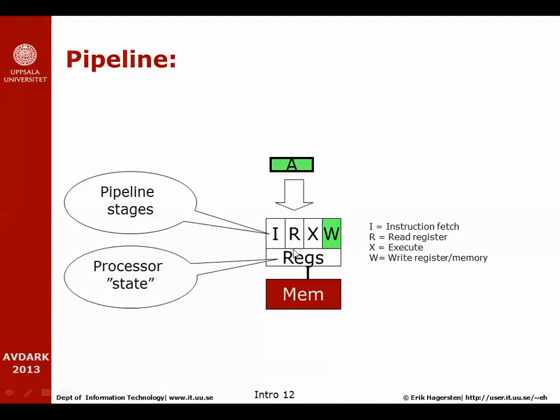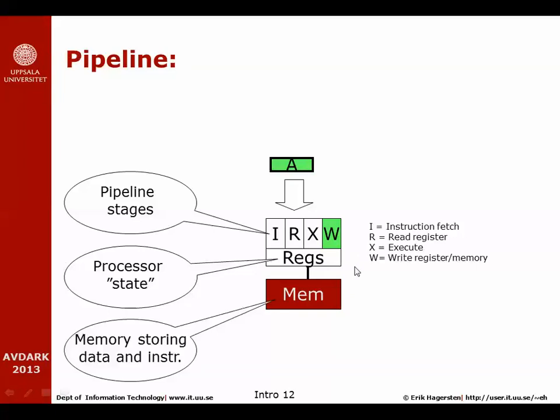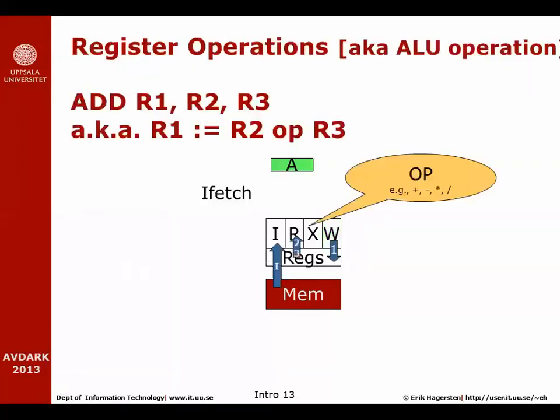These are the pipeline stages. We also have in this picture some of the processor state, typically the register values you saw from the previous slide, registers 1, 2, 3, 4, 5, and 6, as well as some special magic registers that have special purposes, such as the program counter. And then we have the memory, and in memory we store the data and the instructions.